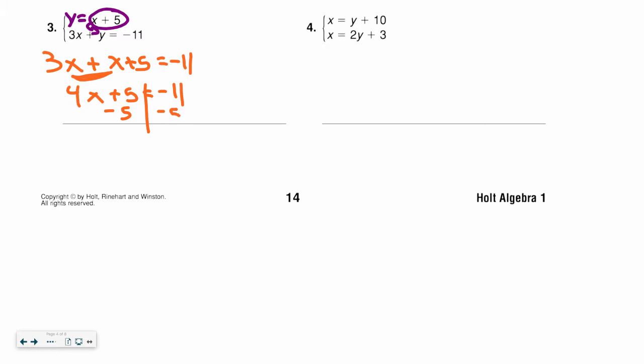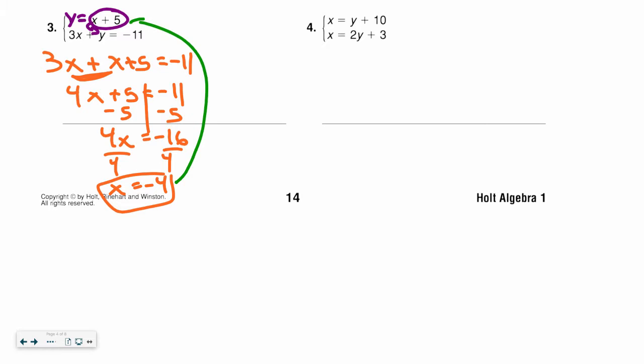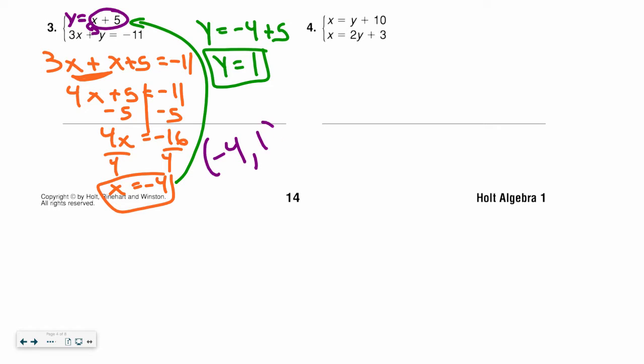Solve for x. Then I take this -4 for x, and I can plug it in. So it becomes y equals -4 plus 5. So y equals 1. So my final point is -4, 1.